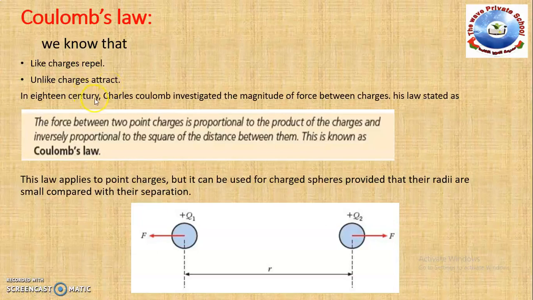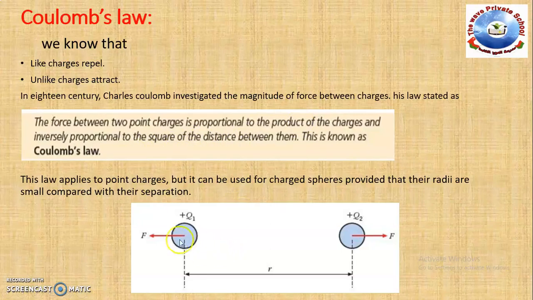So in the 18th century, Charles Coulomb investigated the magnitude of force between the charges. His law stated that force between 2 point charges is proportional to the product of the charges and inversely proportional to the square of the distance between them. This is known as Coulomb's law.